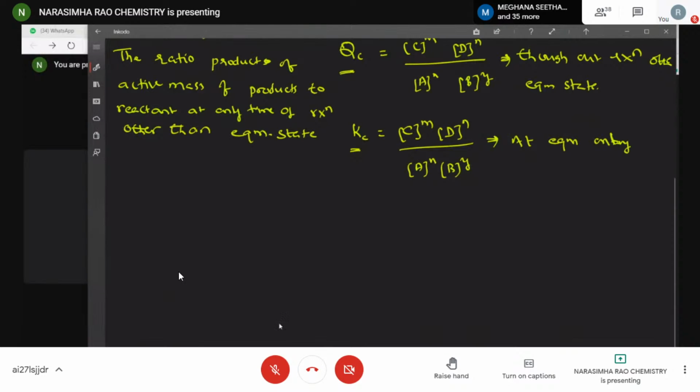But I am taking, children, the first one, concept by concept, for neat points. If Qc is greater than Kc, the backward reaction is favorable.